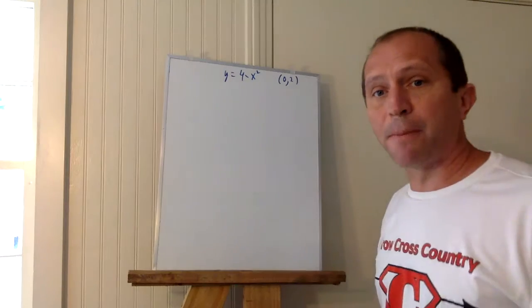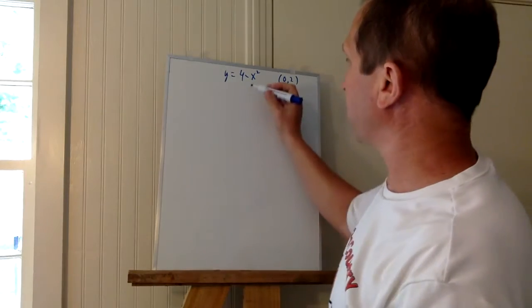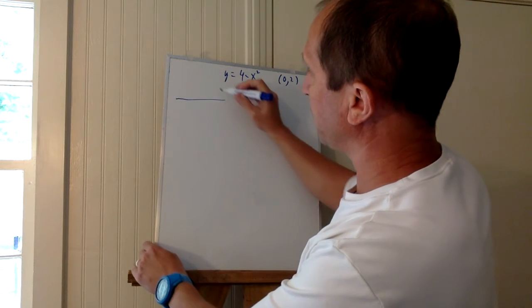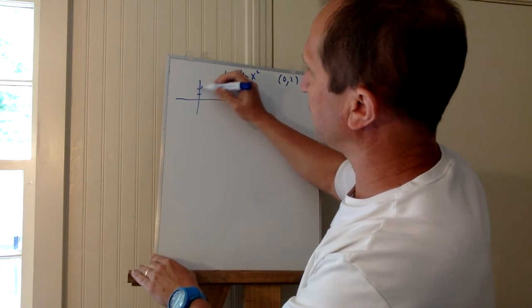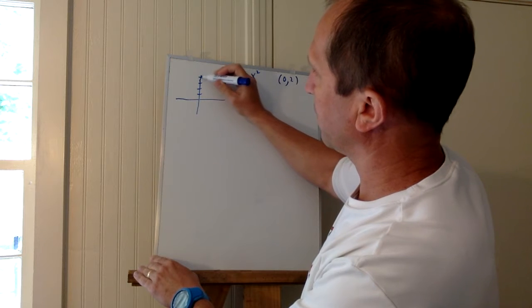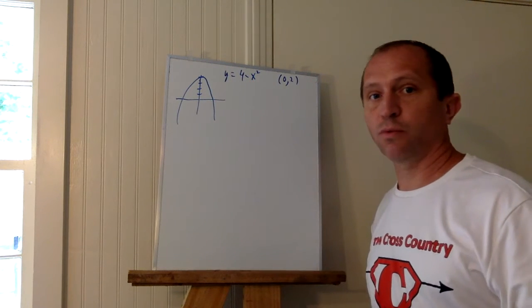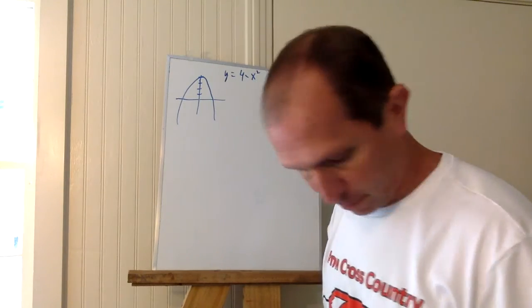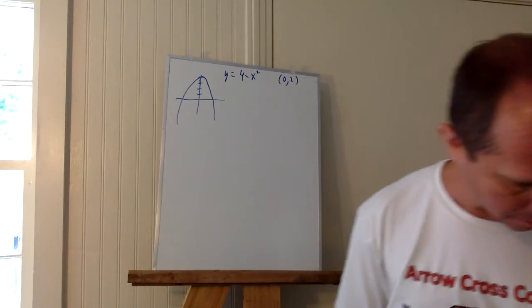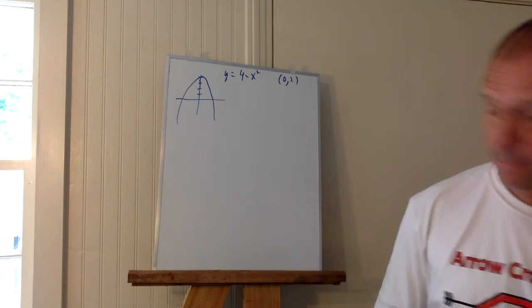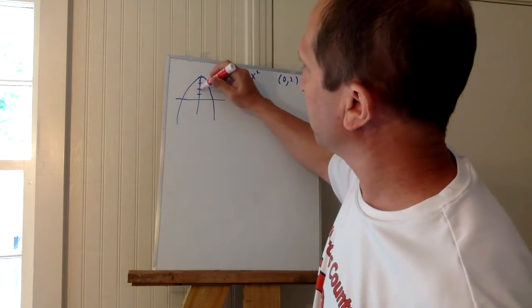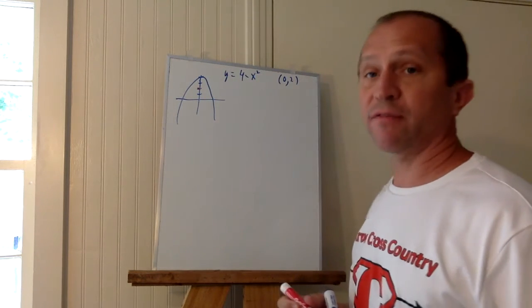Now, let's think about what this looks like. 4 minus x squared, we got a parabola, and this parabola opens downward. And also, we have this point (0, 2). So we want to know what point on this graph is closest to it.